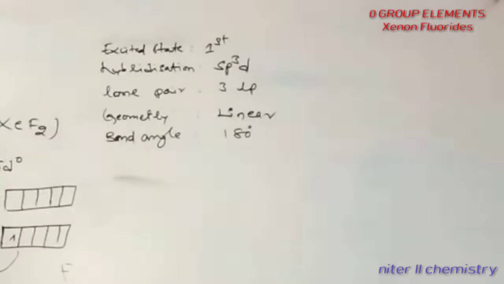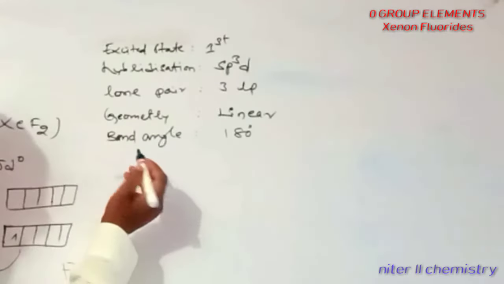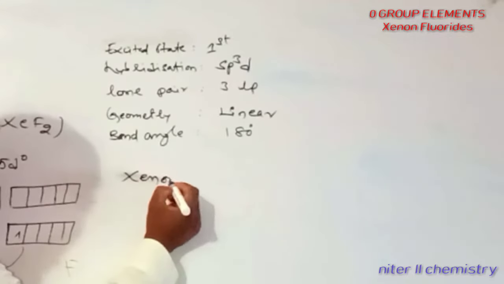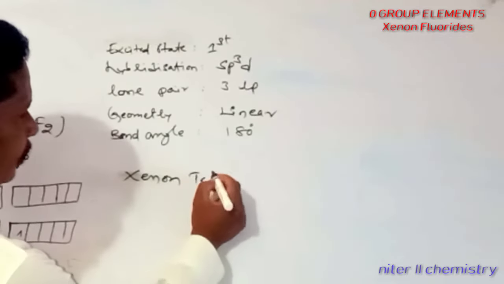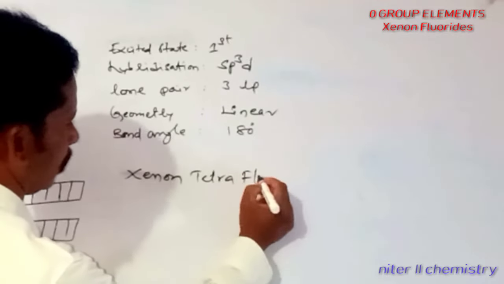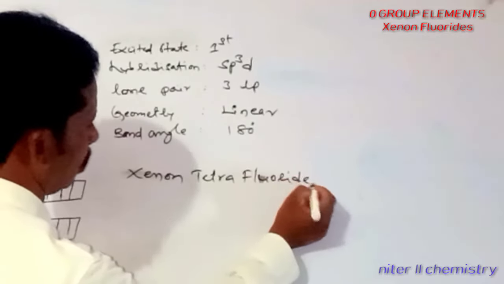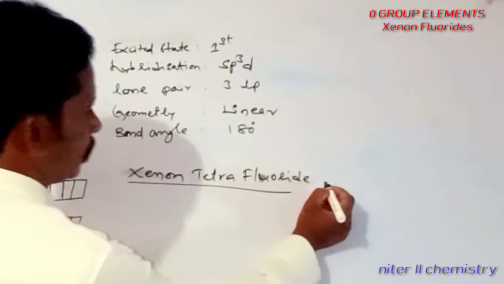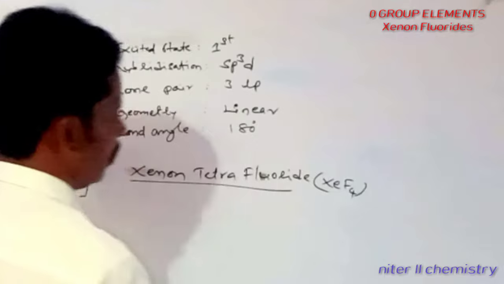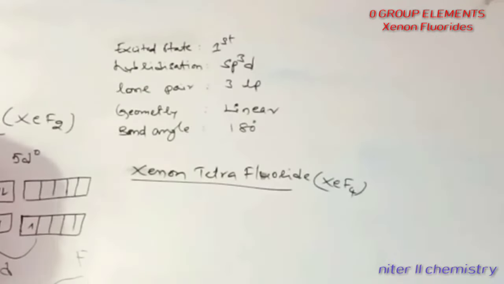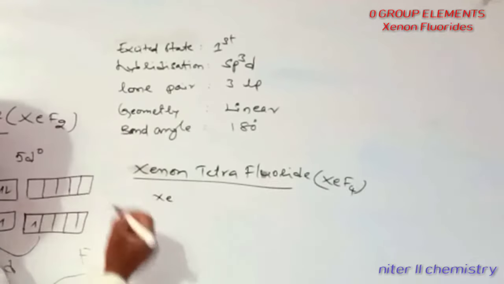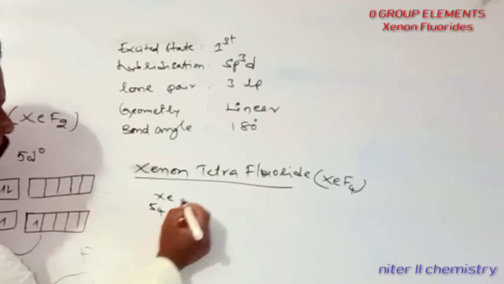The next compound is xenon tetrachloride, XeCl4. In this molecule also the central atom is xenon only. The atomic number is 54.